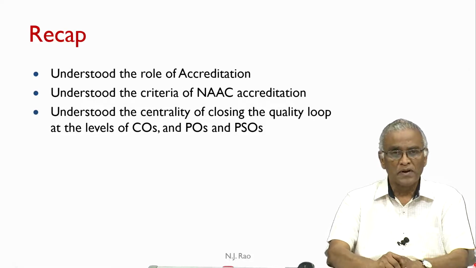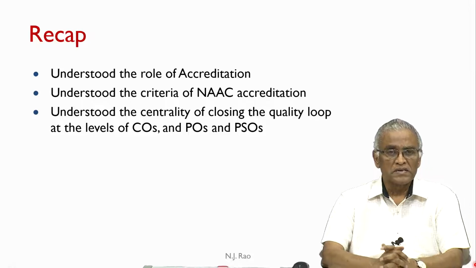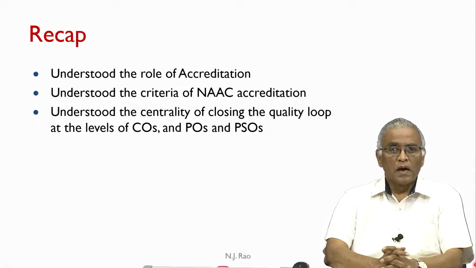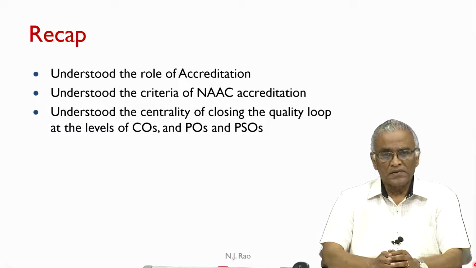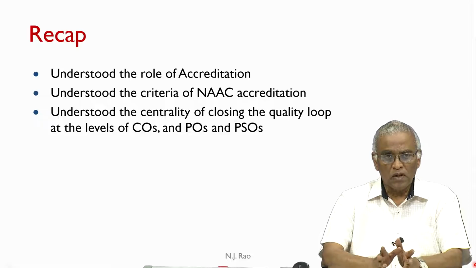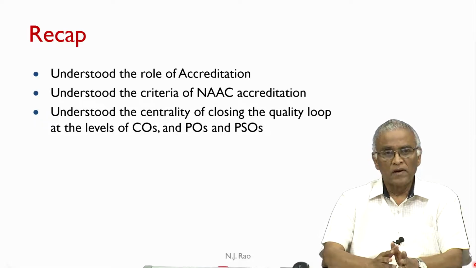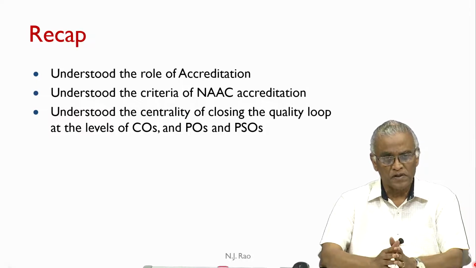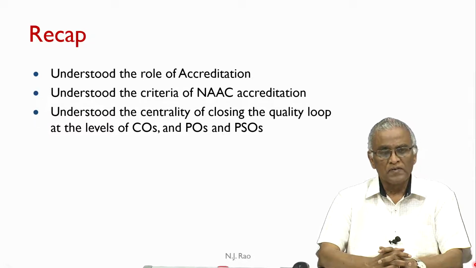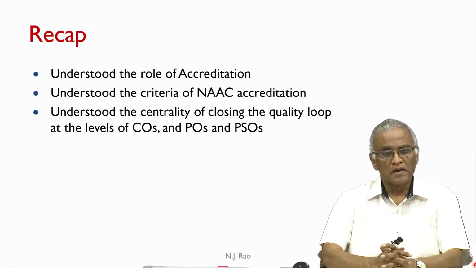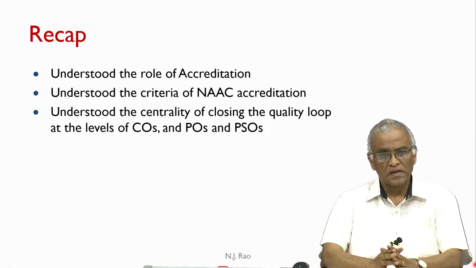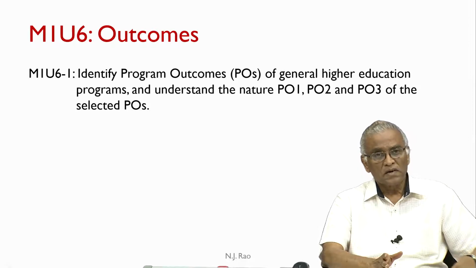For all general programs, the accreditation agency is the National Assessment and Accreditation Council, and we also understood the centrality of closing the so-called quality loop at the level of what we call course outcomes, program outcomes and program specific outcomes.